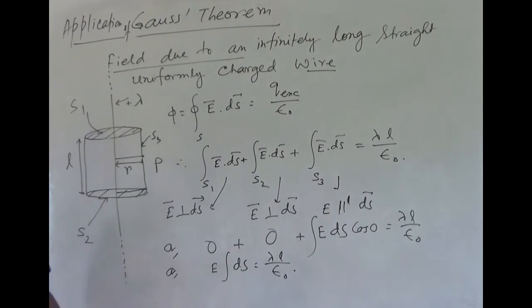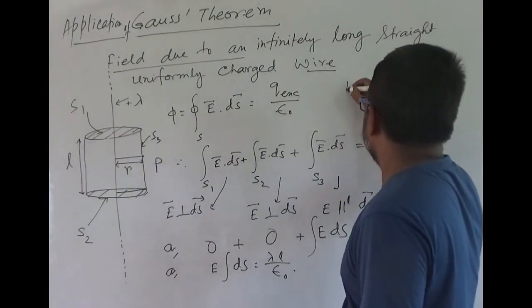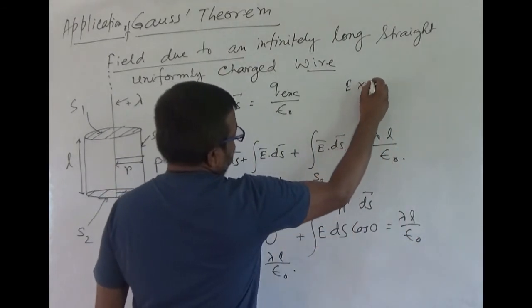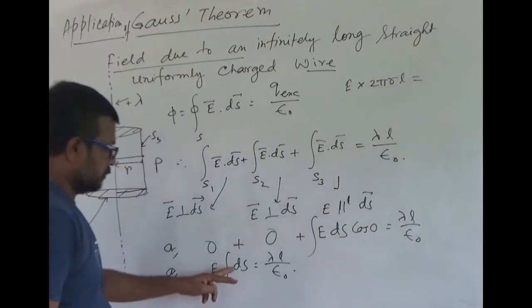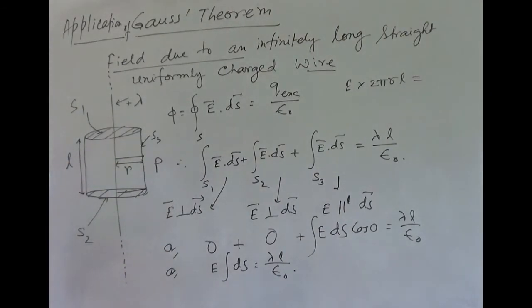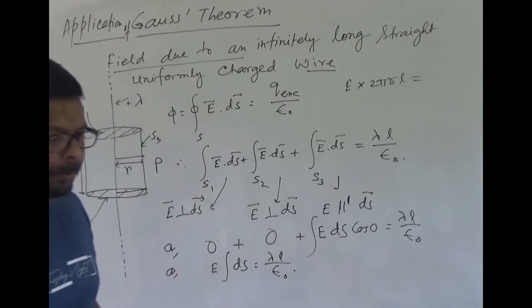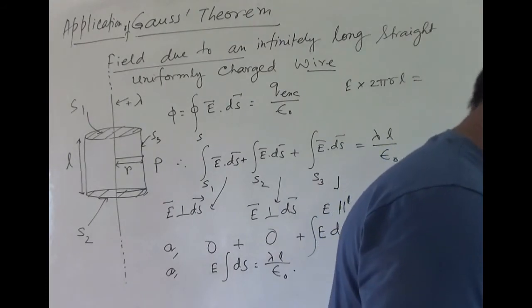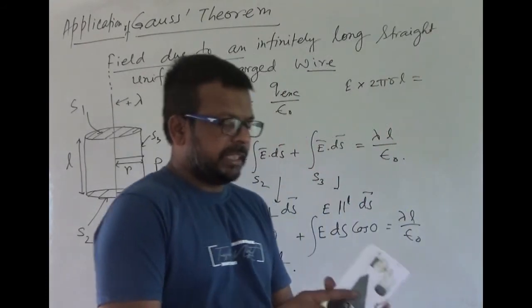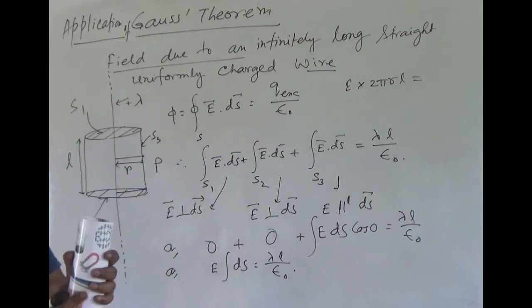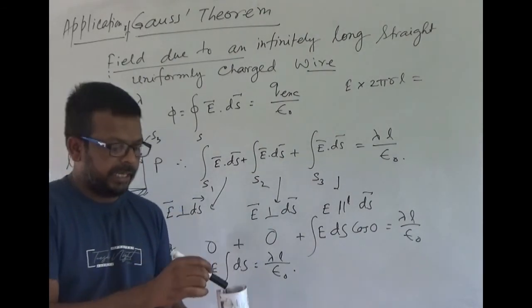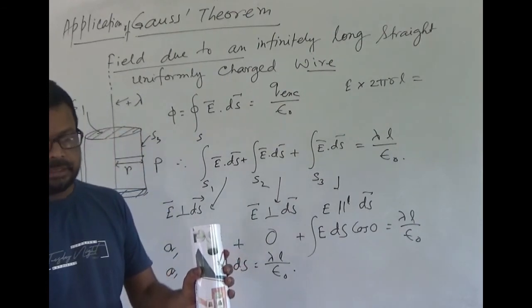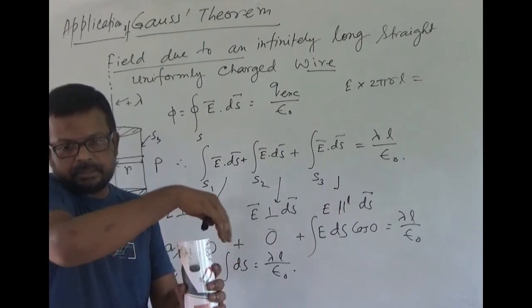Now the integral of ds means the total surface area of the curved surface, which you can write as E into 2 pi RL. The curved surface area of the cylinder is 2 pi RL. How will you get it? Say this is the cylinder, this radius R, this is length L. Now, what will be the surface area of this curved surface?